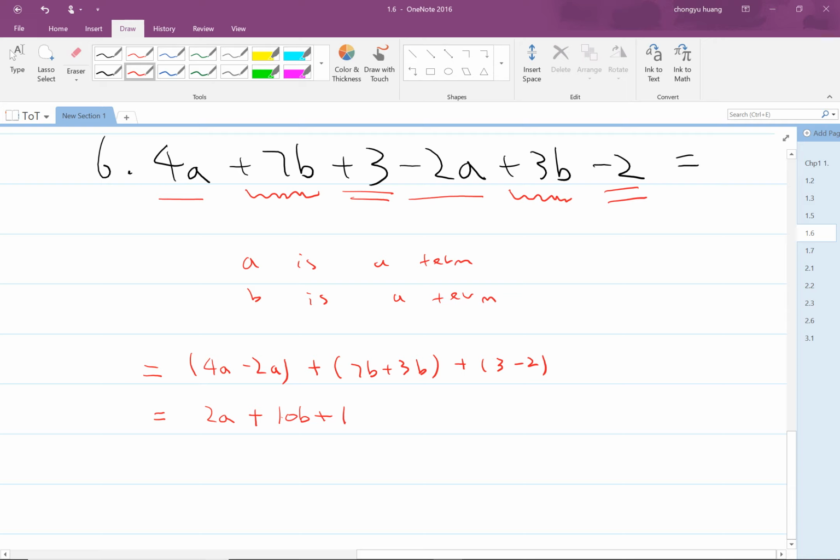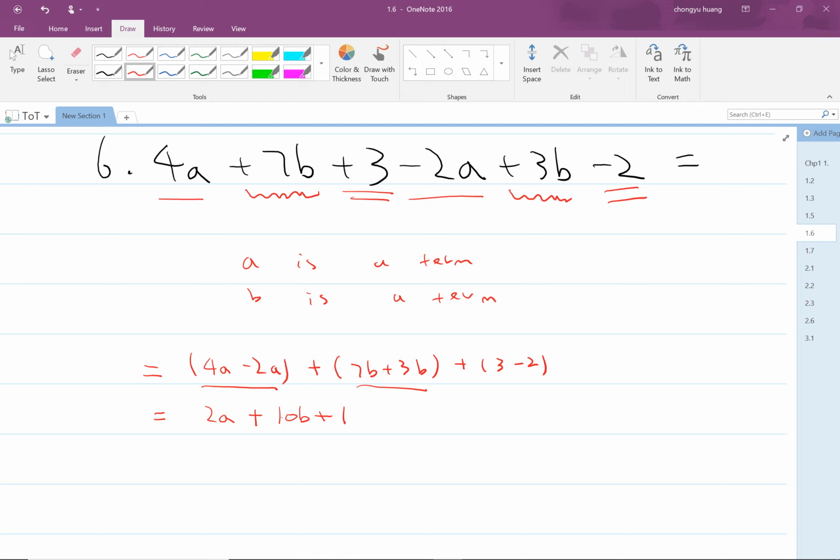So as I mentioned before, you want to add a with a, right? You don't want to add a and b, because that is wrong, right? So that's why 4a minus 2a and then 7b plus 3b, and then you just leave the integer behind, right?